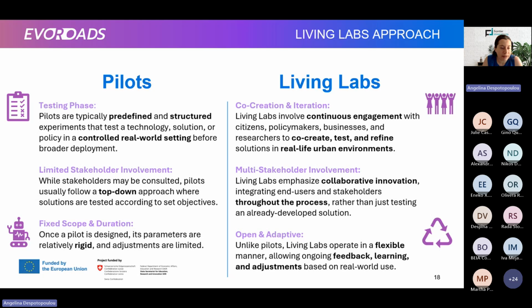Pilots, of course, have a limited stakeholder involvement. More or less, technologies come and say, okay, I have this and this technology. Are you interested? If you're not interested, okay, this is what I'd like to try, at least. As opposed to the living labs, where those ideas come through the involvement of many different stakeholders.